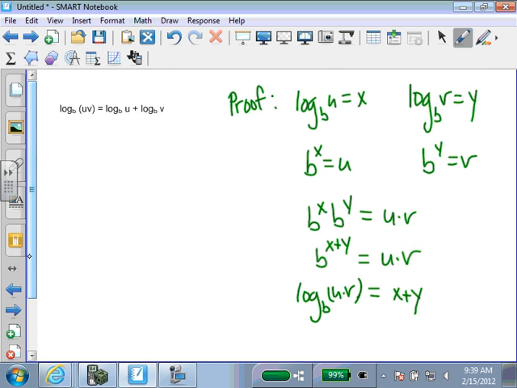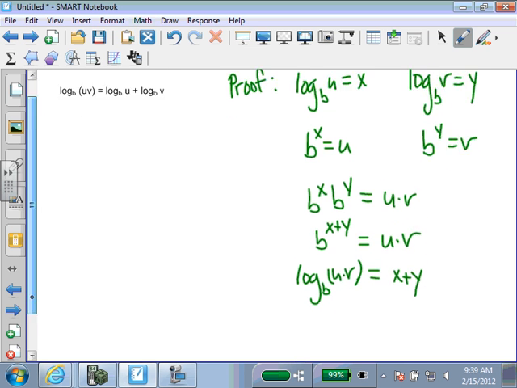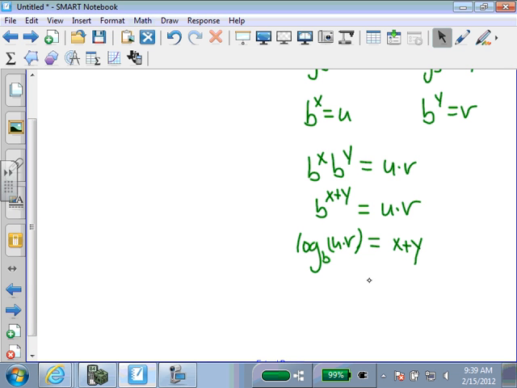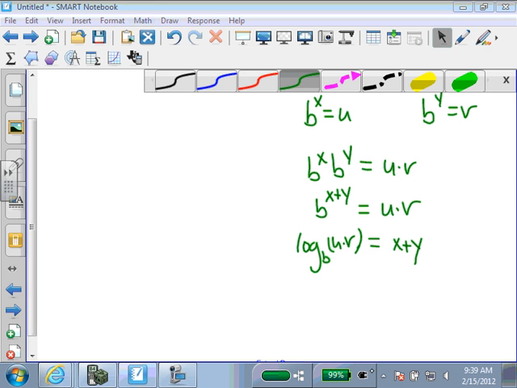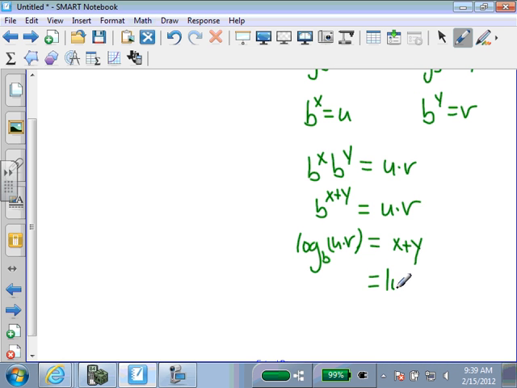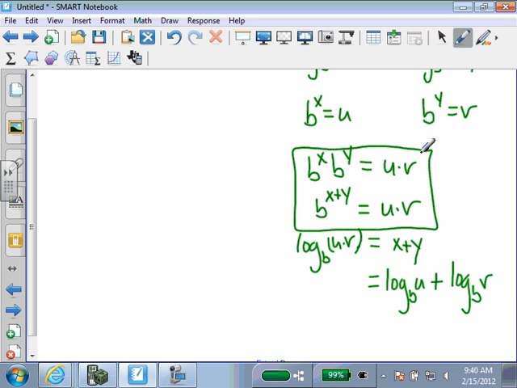But x is log base b of u, and y is log base b of v. So what I've got is log base b of the quantity u times v is equal to log base b of u plus log base b of v. So I'm anchoring my proof in the laws of exponents because a logarithm is an exponent.